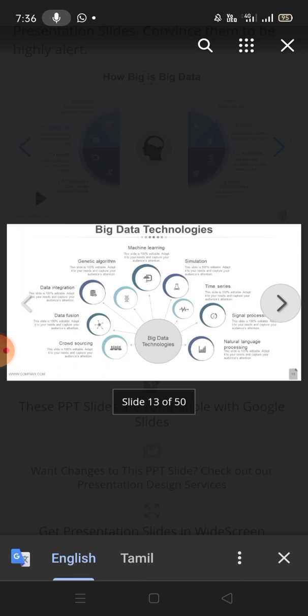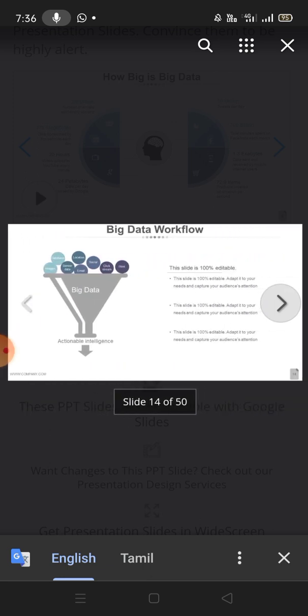And these are the technologies of big data: machine learning, simulation, time series, signal processing, natural language processing, crowdsourcing, data fusion, data integration, and genetic algorithms. These techniques will be provided in big data.